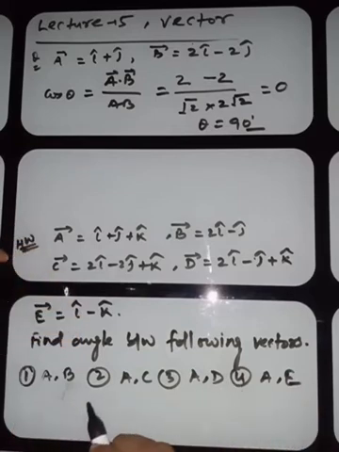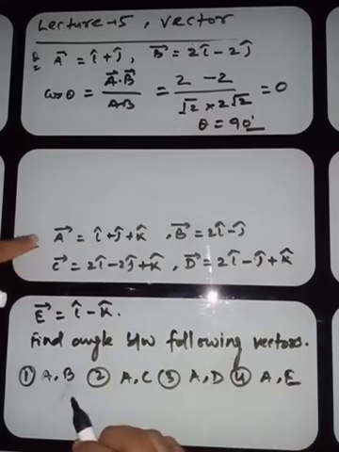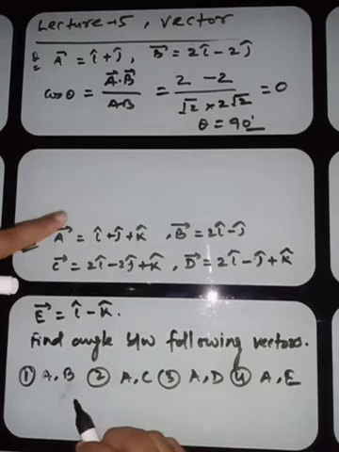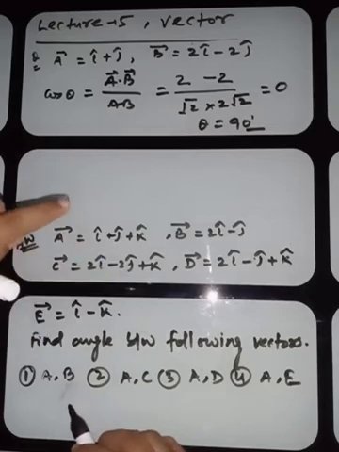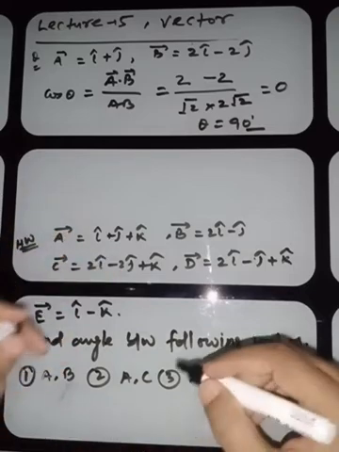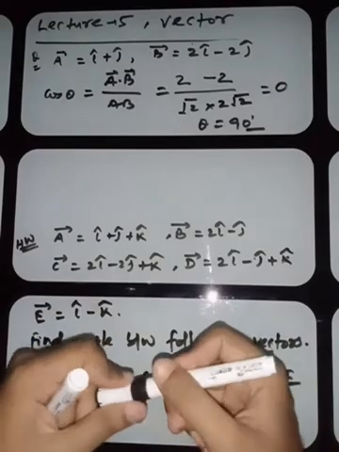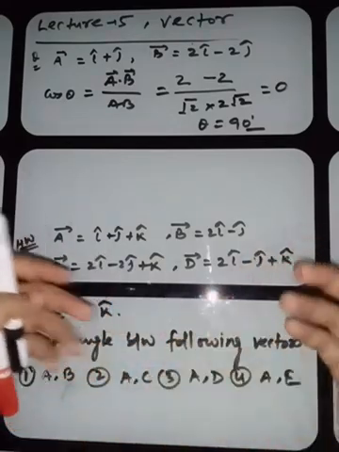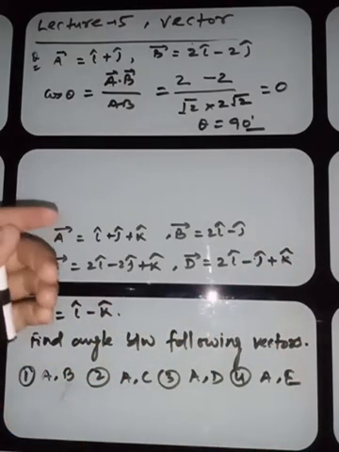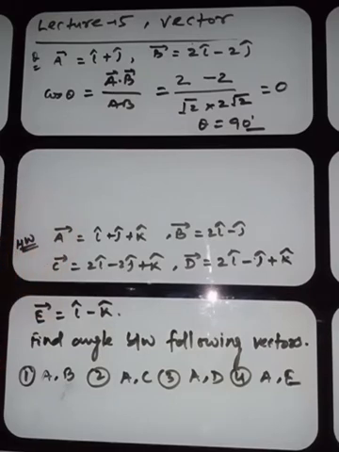The fifth one will be B dot C, B dot D, B dot E, C dot D, C dot E and D dot E. In total you will have 10 questions, my dear students. So this is all about the application to find the angle between two vectors.